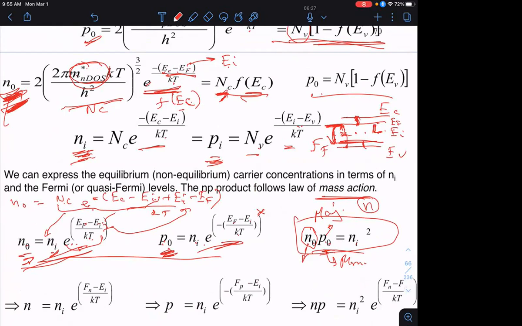Well, the answer is you should use the geometric mean. So if I have three different curvatures, mx, my, mz, you take the product of the three and you take the 1/3 power, the cube root of that. So that's this m star over here. That is nothing but the geometric mean of the three band curvature masses. So you take the geometric mean to get the density of states effective mass.